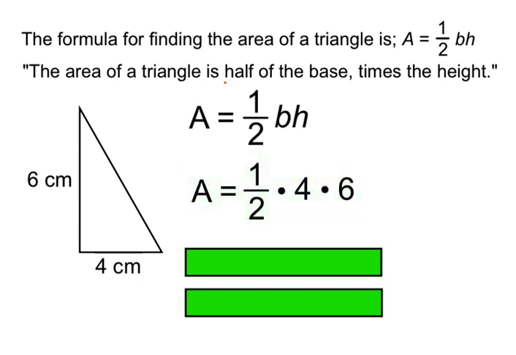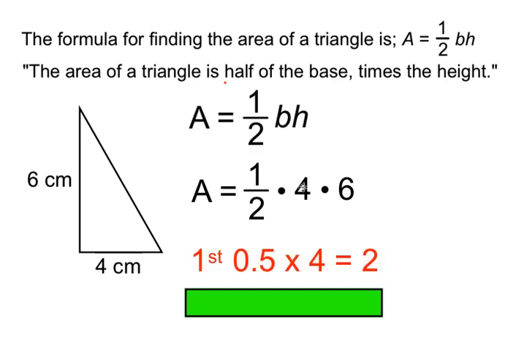So our base is 4, our height is 6, and then we would just follow the order of operations, and the first thing that we would do is multiply 1/2 times 4, and that would give us 2. So the first thing we do is 1/2 of the base is 2.